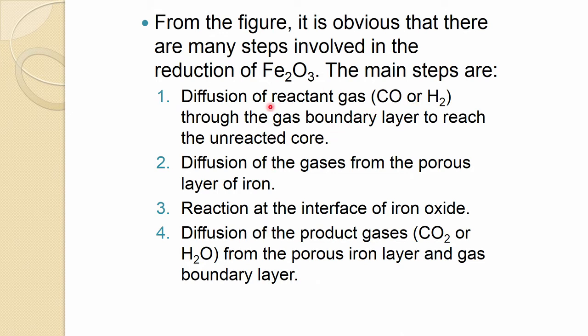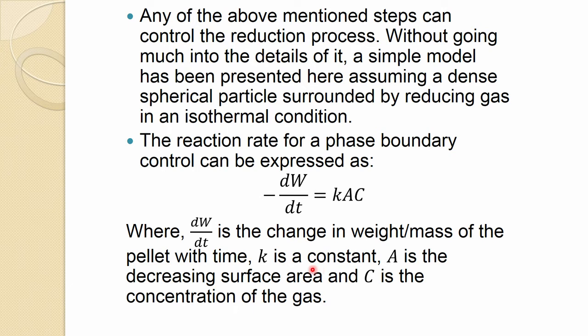So, I am giving a very simple view of this topochemical mechanism, and a very simple case we are going to consider in order to get some reaction rate or rate of change in the weight of the pellets.